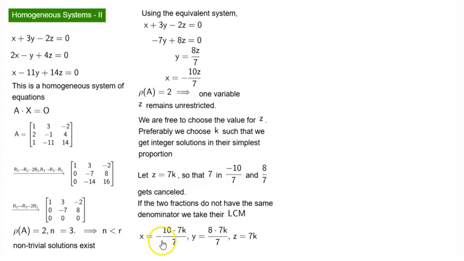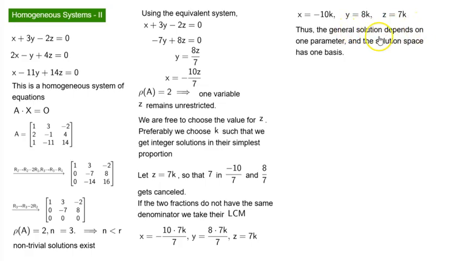So x is equal to minus 10 times 7k by 7, y is equal to 8 times 7k by 7 and z is equal to 7k. Simplifying, we get x equal to minus 10k, y is equal to 8k, z is equal to 7k.